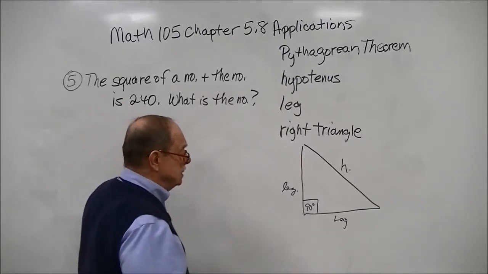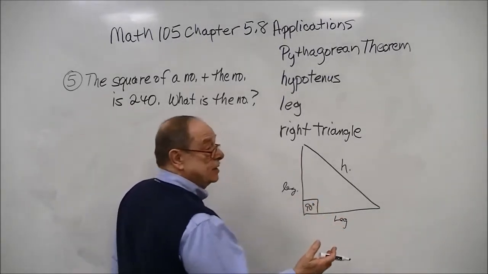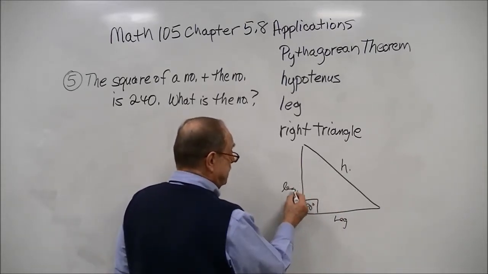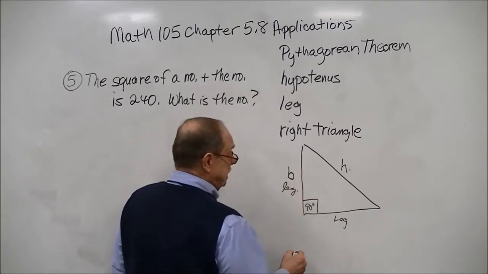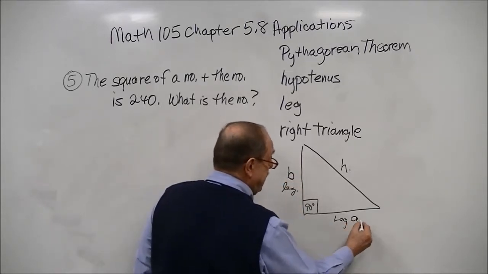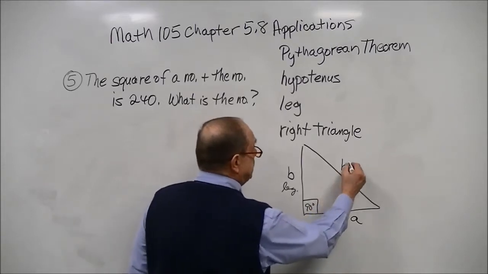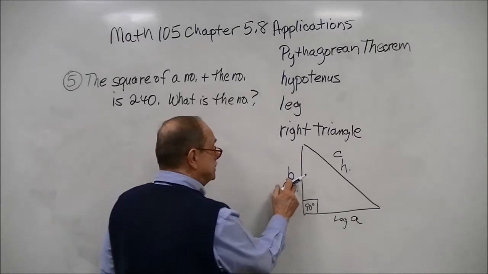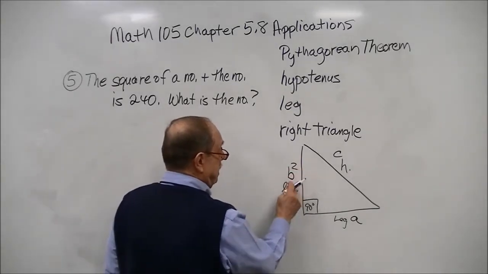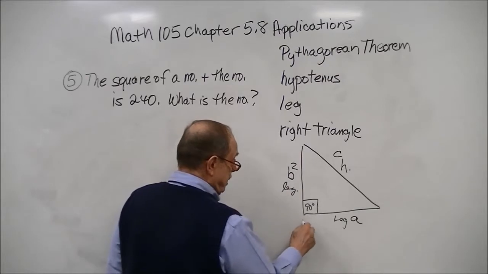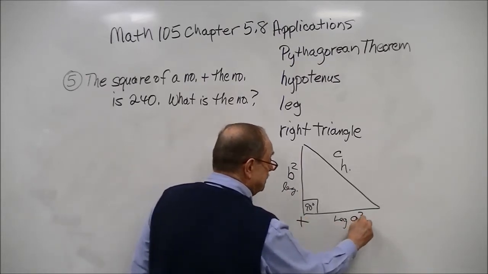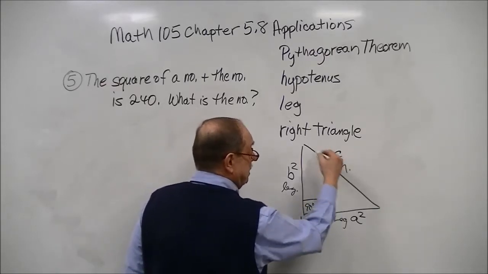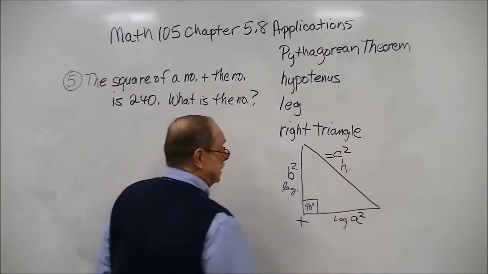And he developed, and you wonder how they do this sometimes, that if you designated this leg as, let's say, B, and this leg as the letter A, and the hypotenuse as the letter C, that if you take the square of this leg plus the square of this leg, it would equal the square of the hypotenuse.